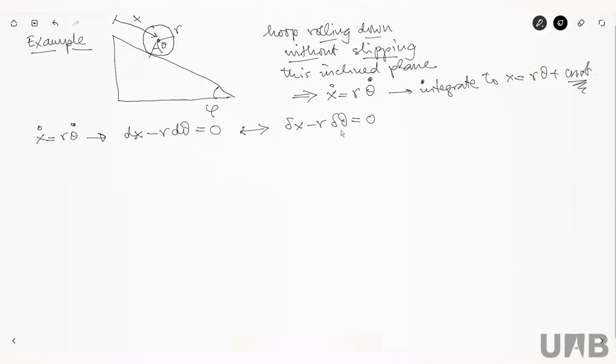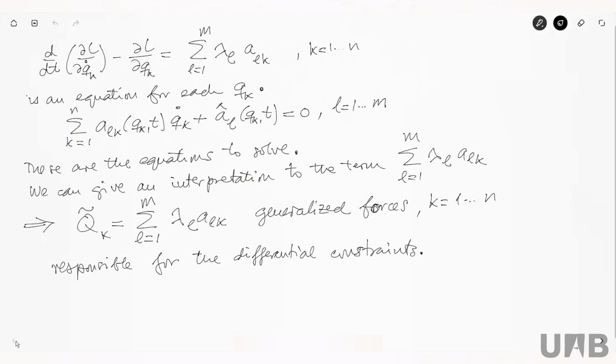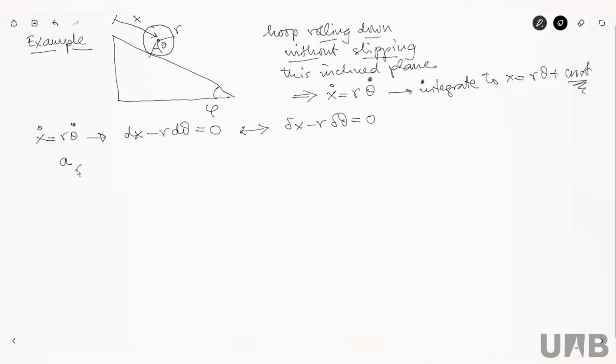So if we compare this to the situation that we had, these constraints right here, this means that we have a differential constraint, a sub x dx plus a sub theta d theta equals 0, in which a sub x is 1 and a sub theta is minus r. So that's exactly what we have.